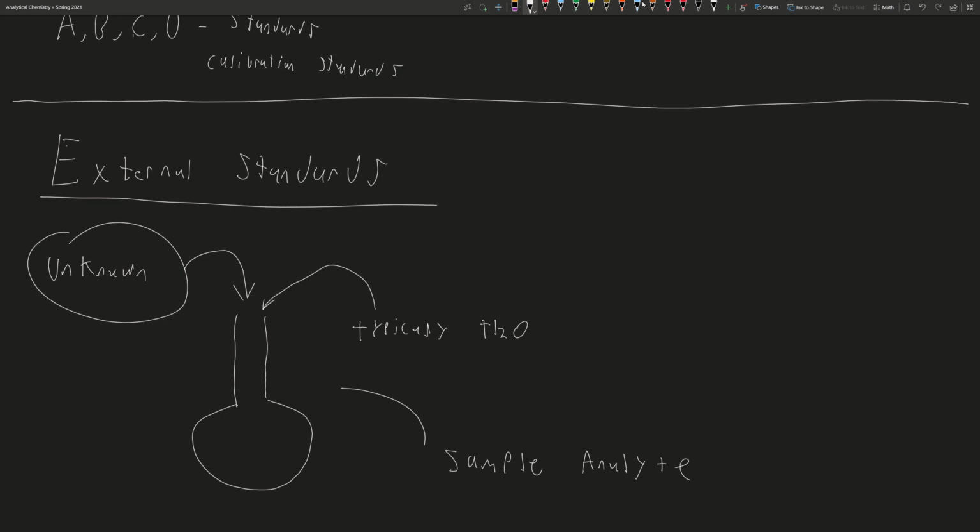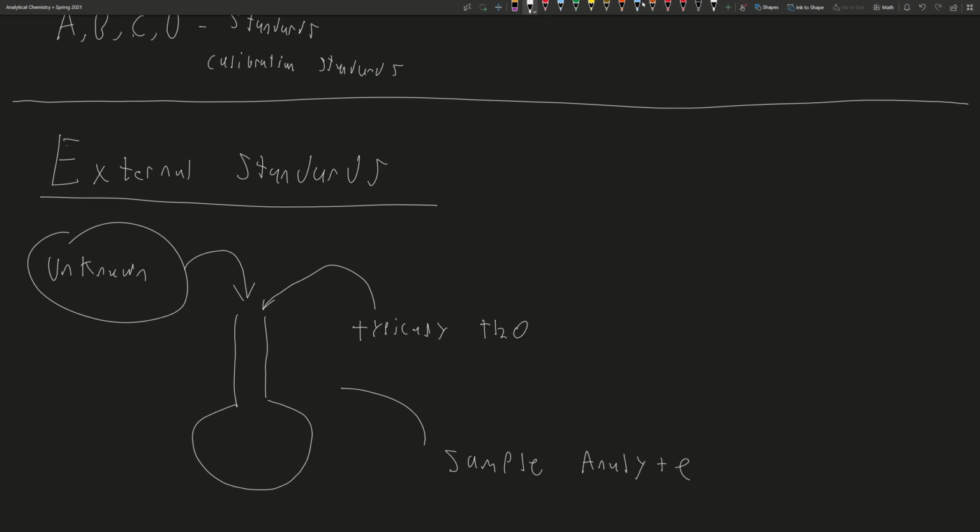We're going to prepare it in a way that we typically dilute it, because usually our instruments are too sensitive to measure a very concentrated dosage. So we will typically dilute our sample down to a much lower concentration than where it is found.